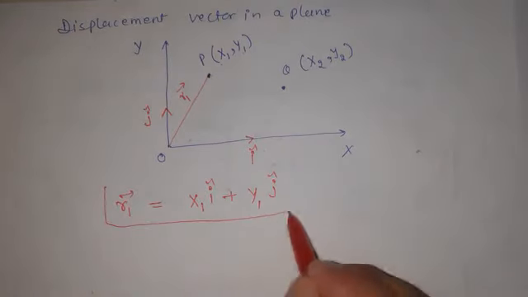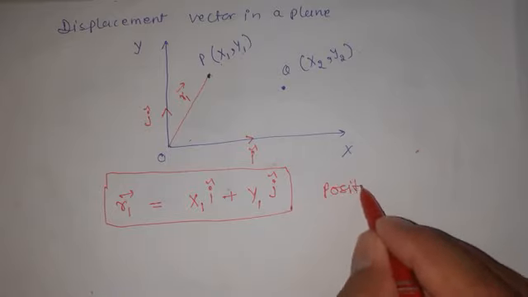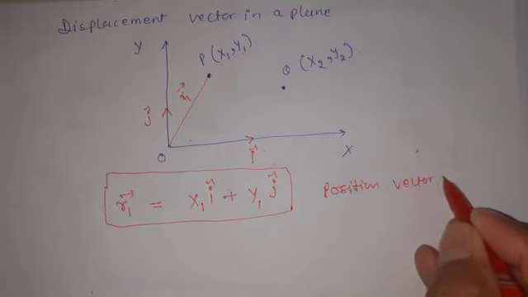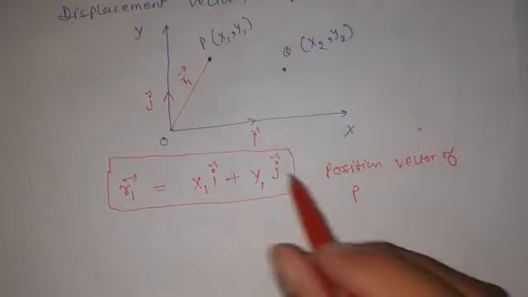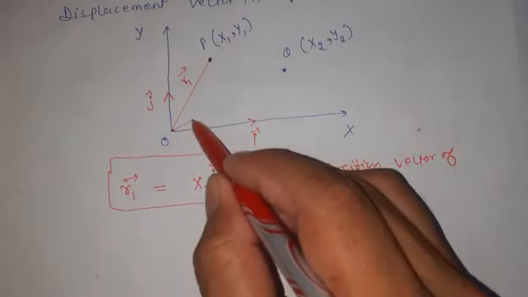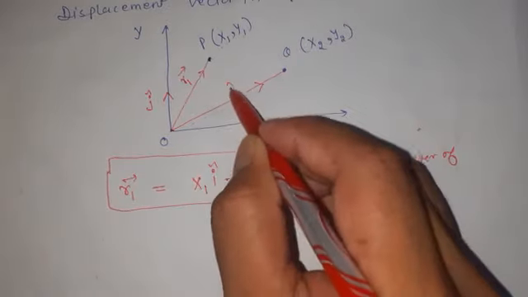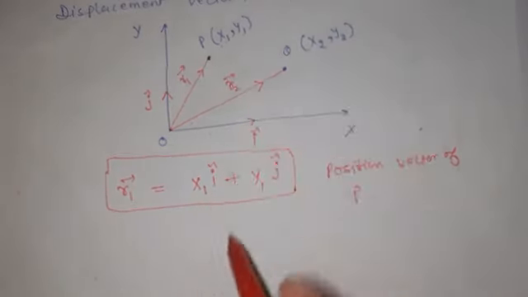Okay, this is the first position vector, the position vector of p. Now there it changes from p to q, so let this position vector of q be r2.